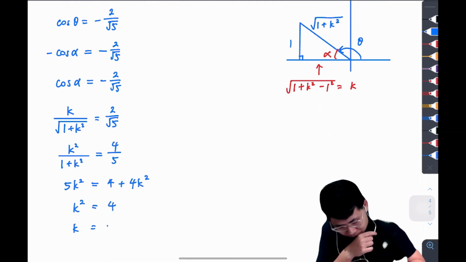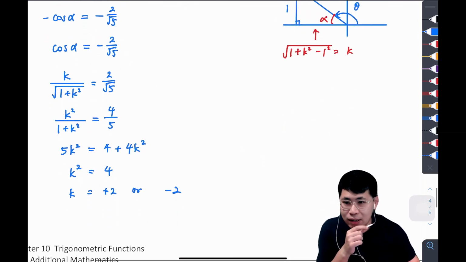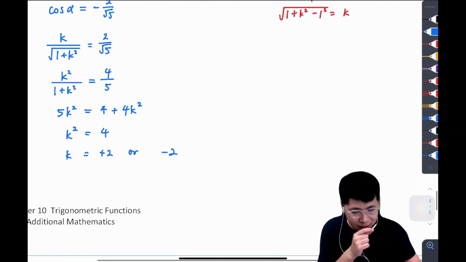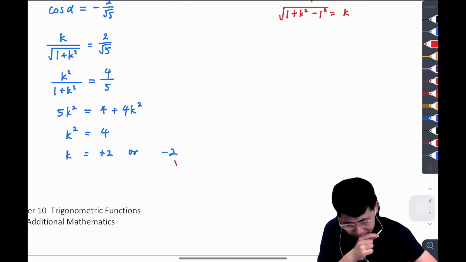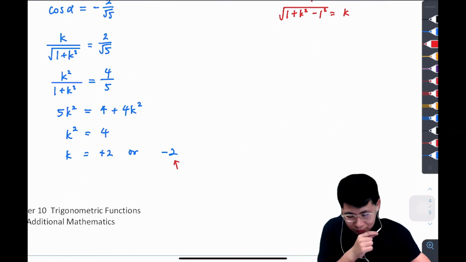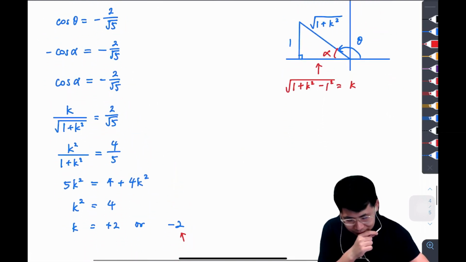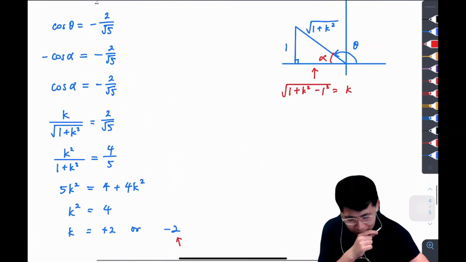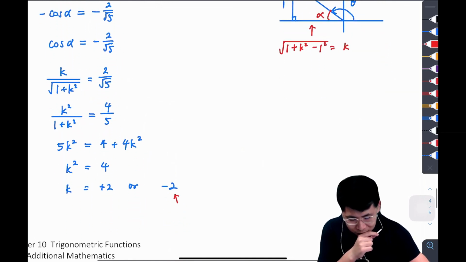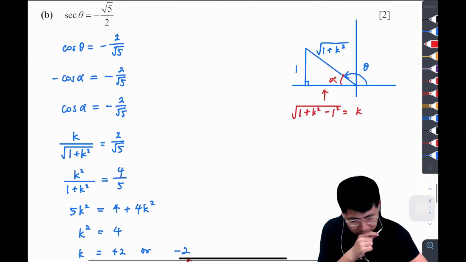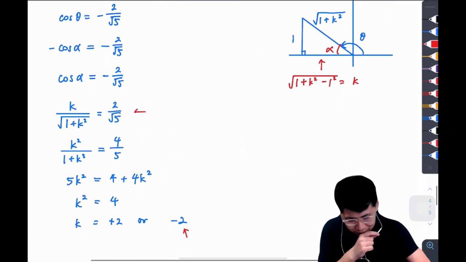K, the square root, will be plus 2 or minus 2. But let's check our answer and see which one is possible, whether it is positive or negative. When k is negative 2, let's check cosine alpha. Check with this line over here.